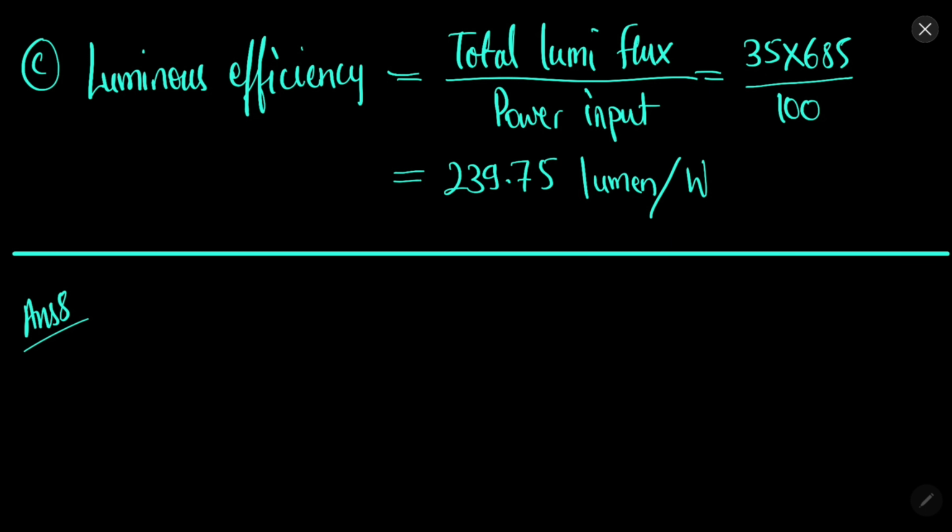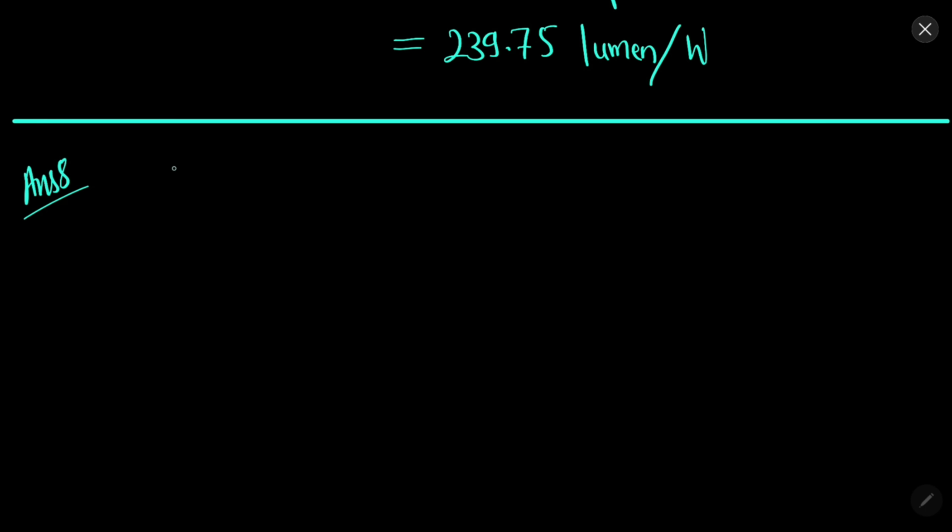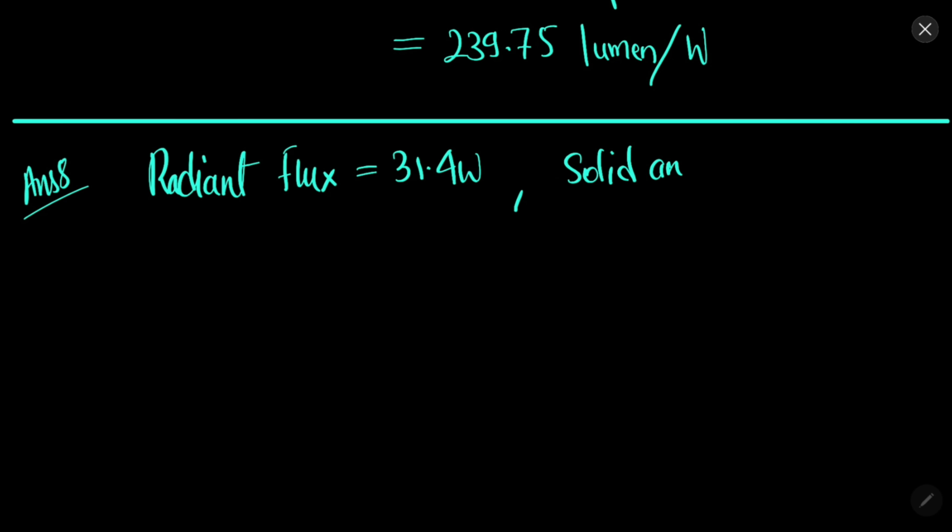So radiant flux is 31.4 watt. We know total solid angle is 4 pi because it is uniformly emitting in all directions. Therefore, we are taking the complete solid angle.